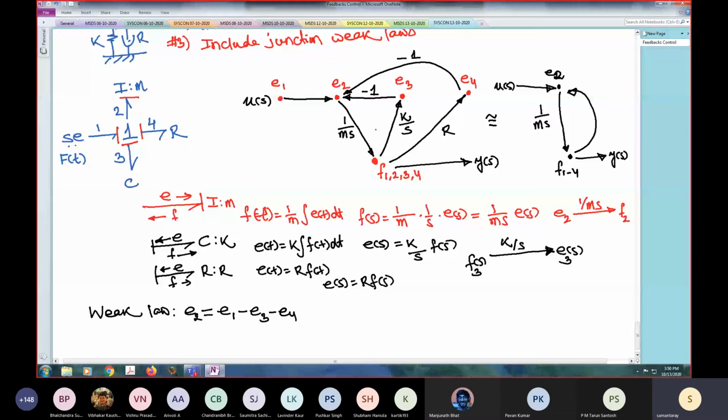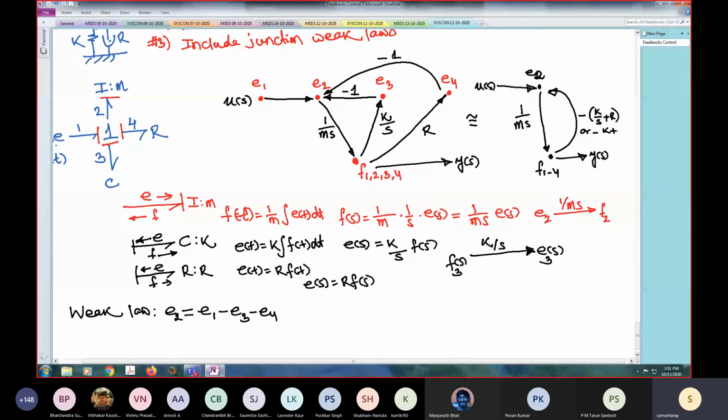Likewise, there is a parallel branch going through E4 to E2 whose gain is minus R. I can merge them and put here as minus K by S plus R. So I can merge and write it like this, minus K by S plus R as a single thing, or minus K plus RS by S. This is what I can also do.